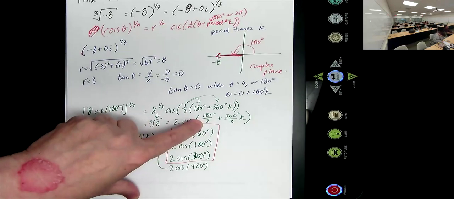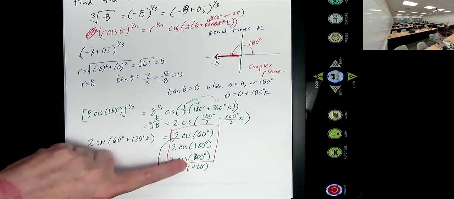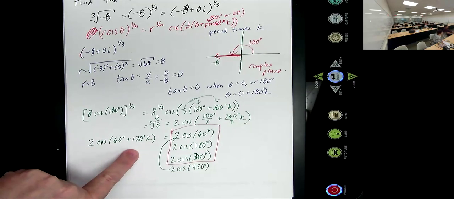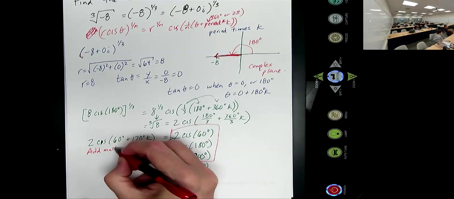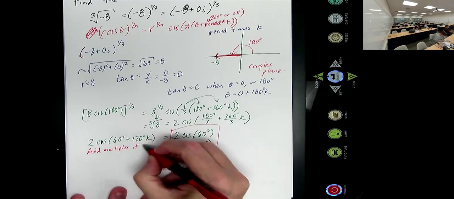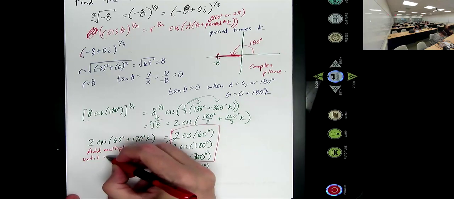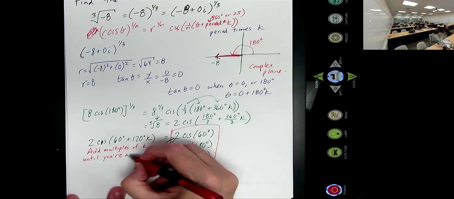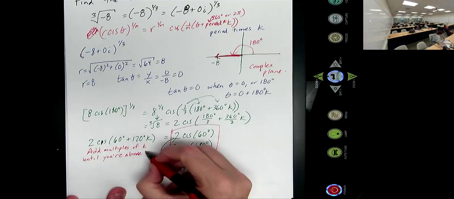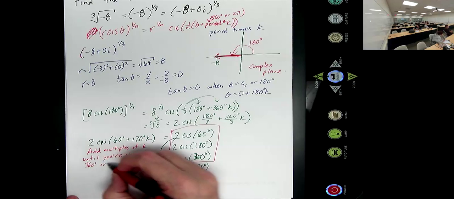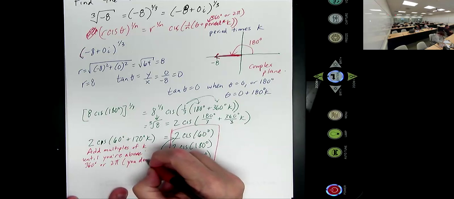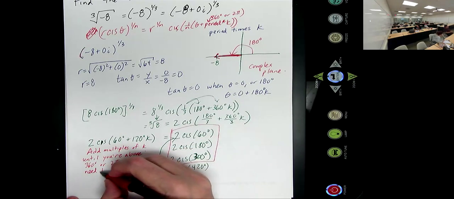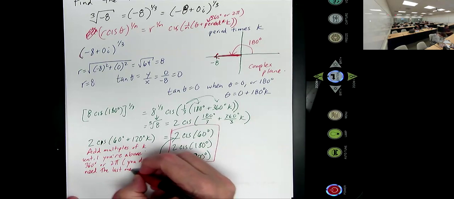These three: 300 is 180 plus 120. You keep adding multiples of 120 until you've made a full circle. So add multiples of k until you're above 360 or 2 pi, and then you don't need the last one, the repeat.